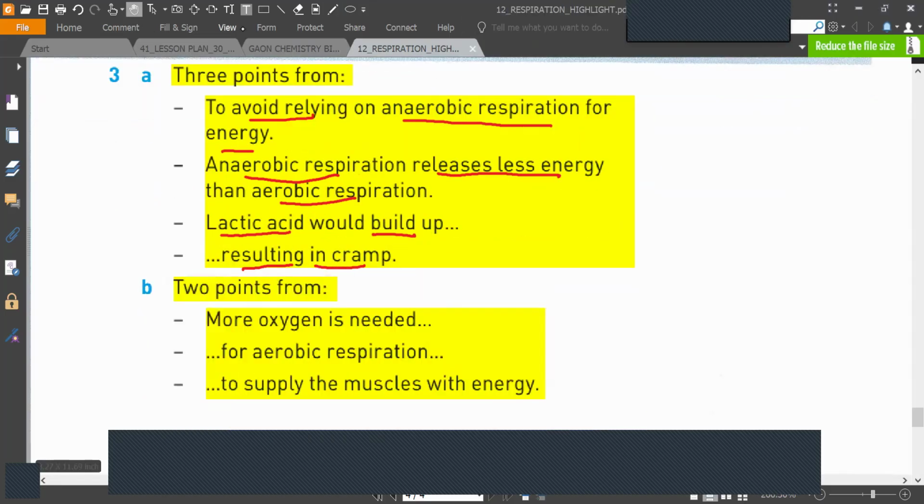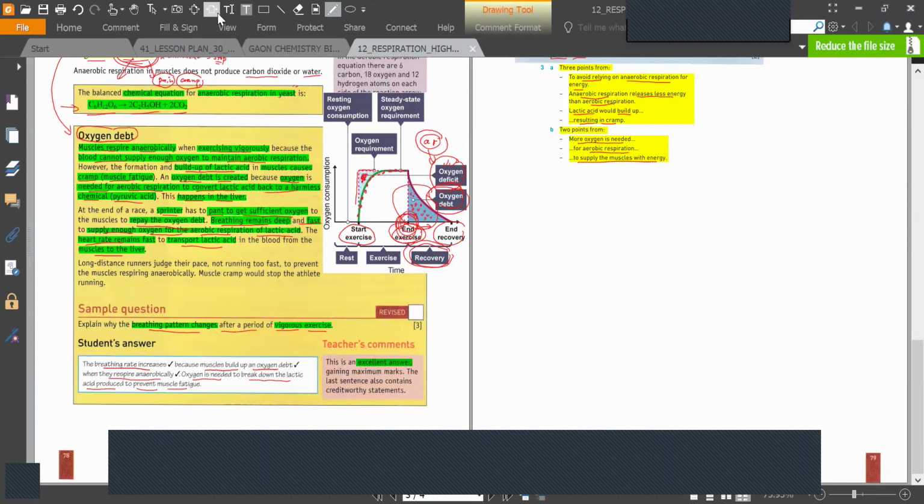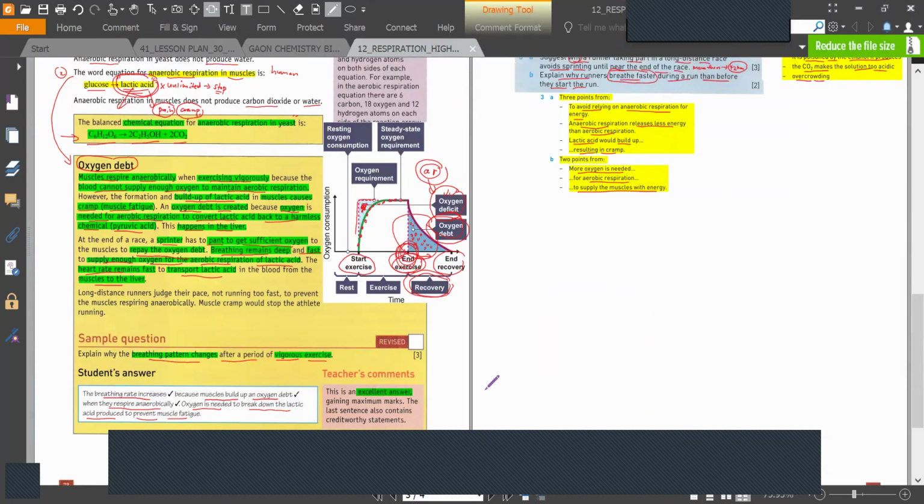That is because they need more oxygen for aerobic respiration to supply muscles with energy. So that's why they need to breathe faster to get more oxygen. So with this, we have finished. This is a short topic.